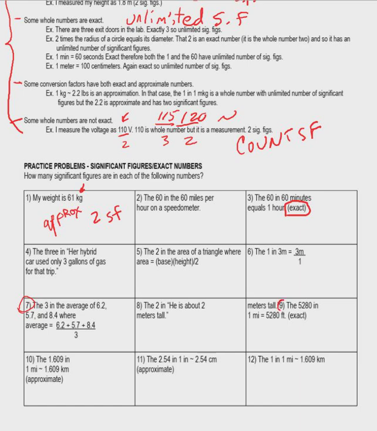Number 9, sorry about that, made a typo. But number 9, the 5,280 in 1 mile equals 5,280. I've identified that it's exact. Number 11, I've identified that it's approximate. Number 10, it's approximate. This mark right here, this tilde, is approximate.